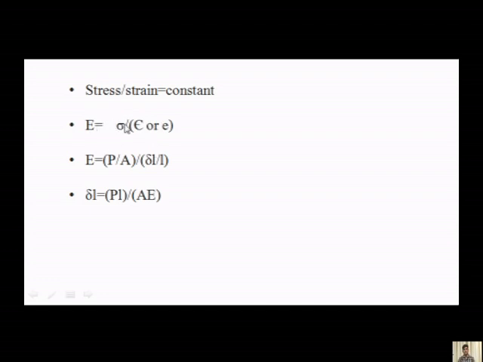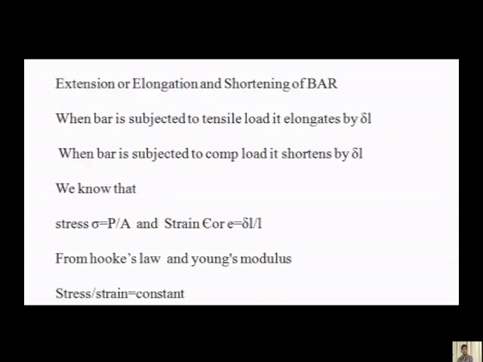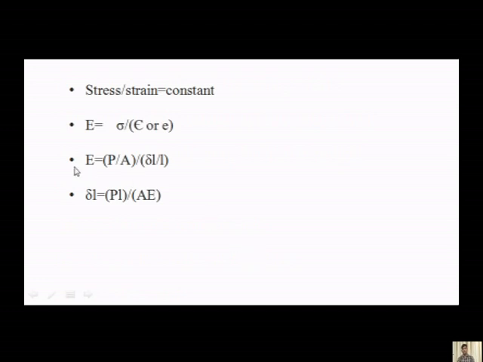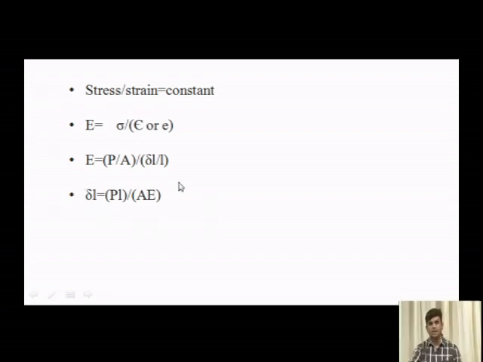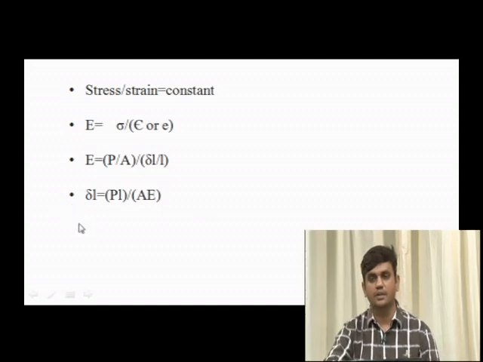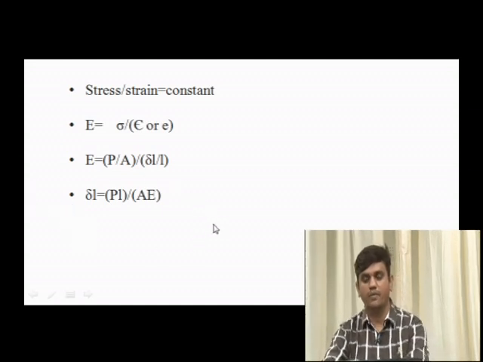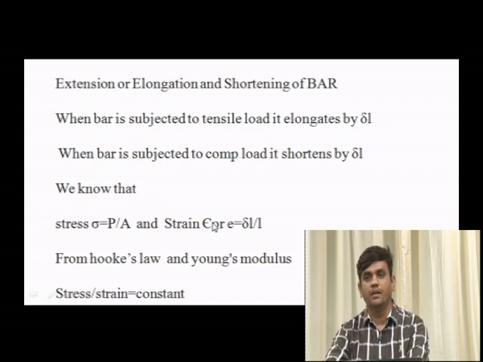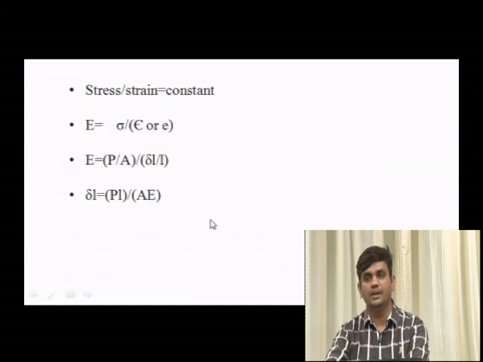We know that stress is equal to load by area, P by A, and strain is delta L by L. Observe here, E is equal to P by A divided by delta L by L. Substitute the values of stress and strain here, and by equating LHS and RHS, we can calculate the change in length, that is the elongation, extension or shortening of the bar, delta L. We'll try to solve some problems based on this.